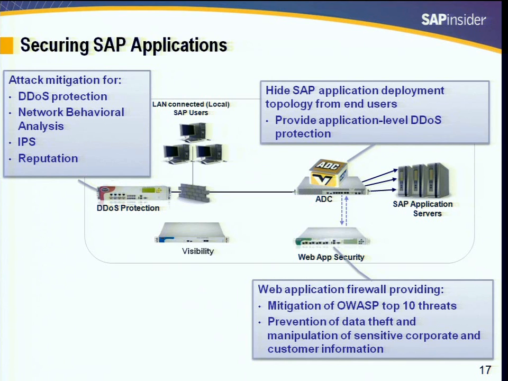The top 10 threats are all geared towards applications. So make sure that any protections you acquire for preventing security breaches for these applications address this OWASP top 10. They're the top of mind, most employed attacks against applications. And then of course, prevention of data theft.